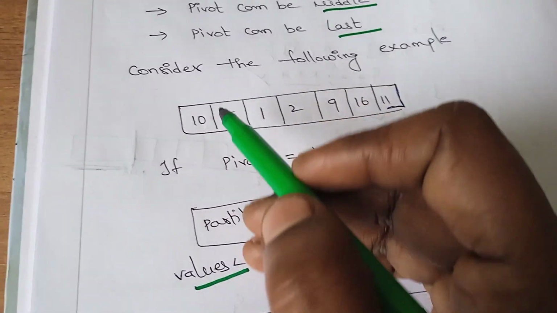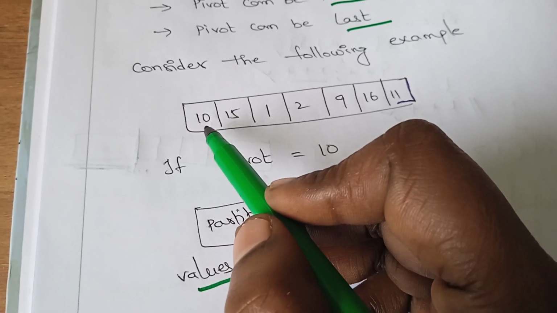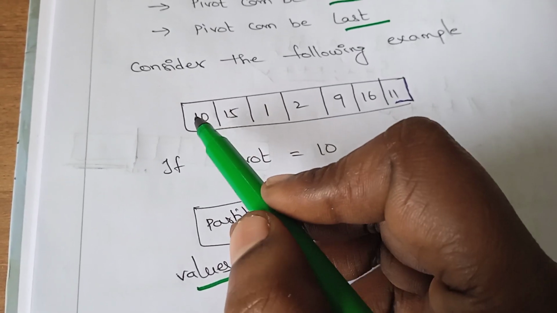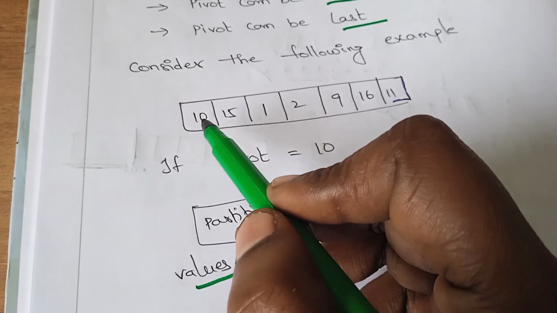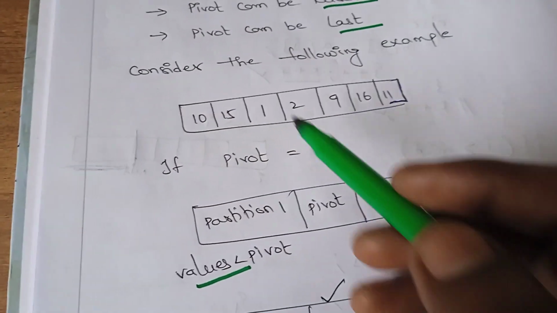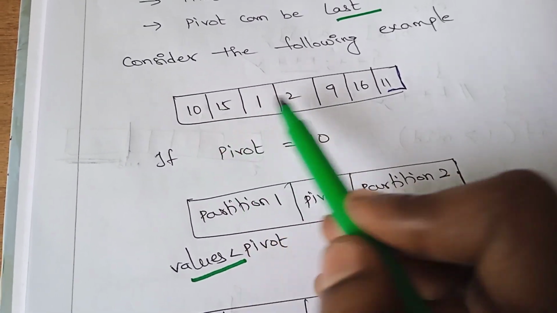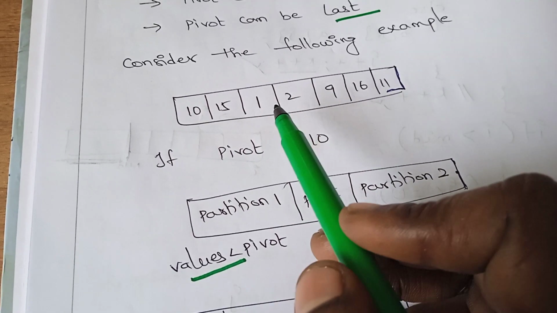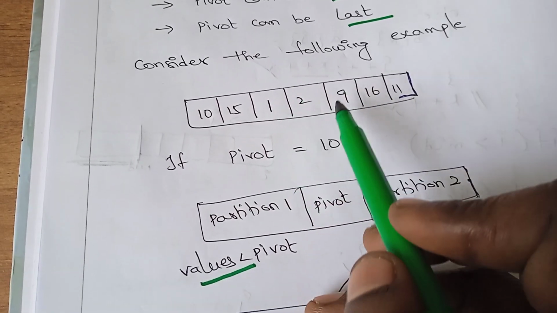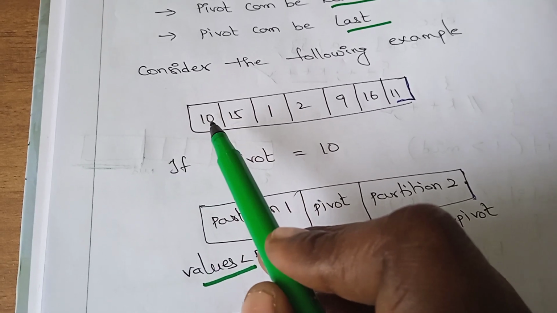Let us suppose that I have taken the pivot as 10. First of all, we will find the best place for this 10. Greater elements than 10 should be available on the right-hand side, and lesser elements than 10 should be on the left side of this pivot.